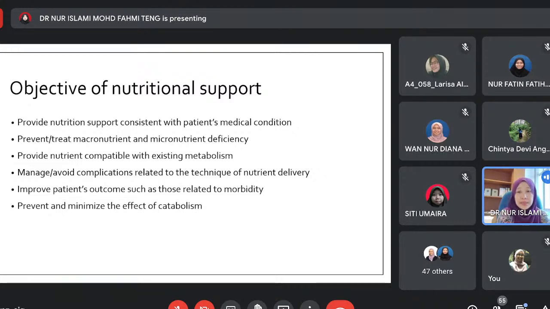We manage complications, we don't want aspiration, so we check that as well. Then we improve the patient's outcome, such as those related to morbidity, and we want to prevent and minimize the effect of catabolism.